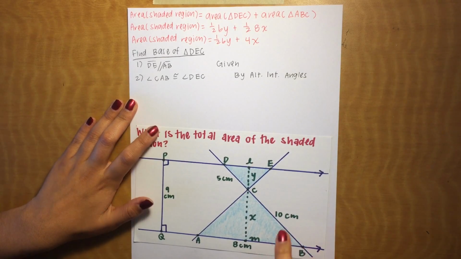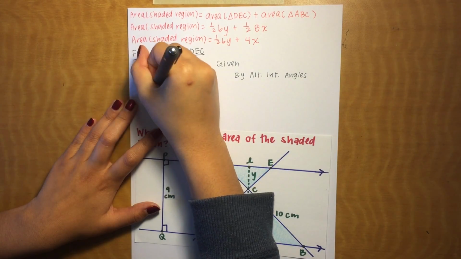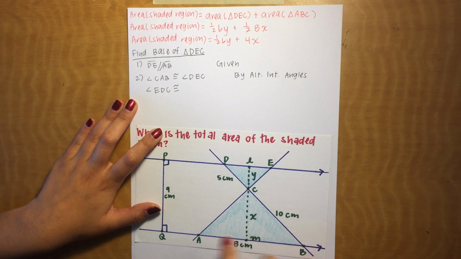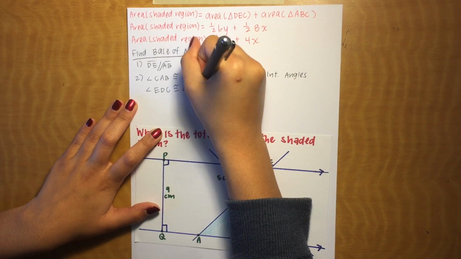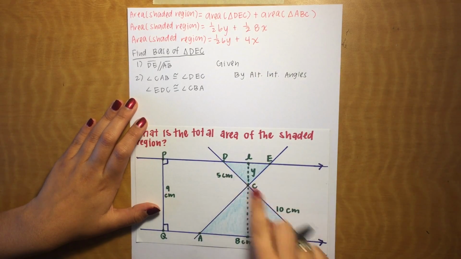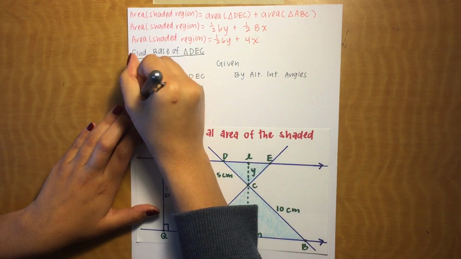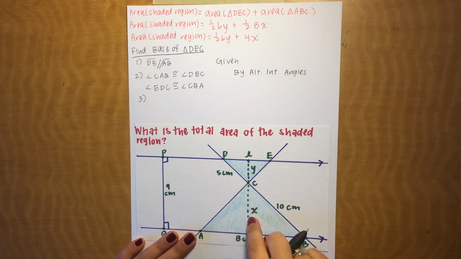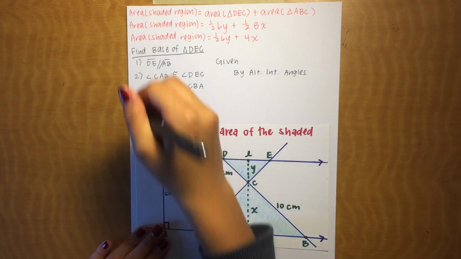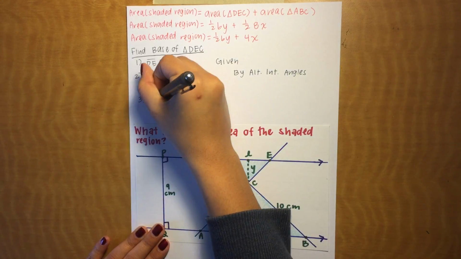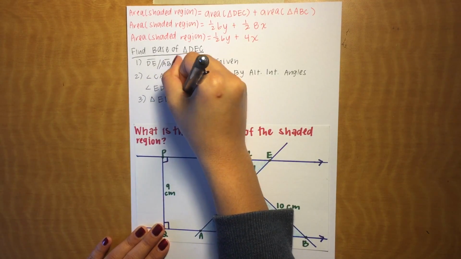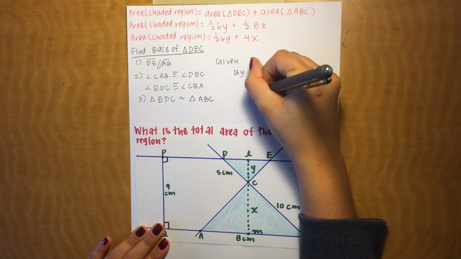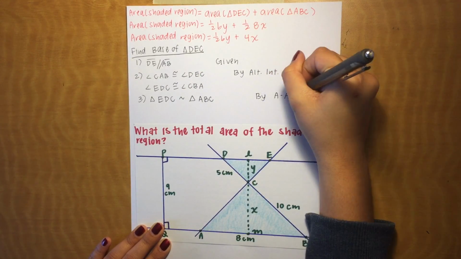And the same thing, we can say that angle EDC is congruent to angle CBA by alternate interior angles as well. Now that we have two congruent angles, we can say that triangle EDC is similar to triangle ABC by angle-angle similarity.